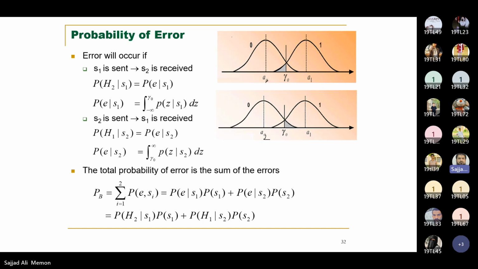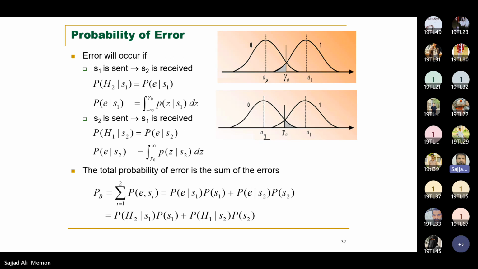So the probability of choosing hypothesis H2 while S1 was transmitted is the probability of error. S1 means we are testing S1 and we choose hypothesis H2, which means we make an error.